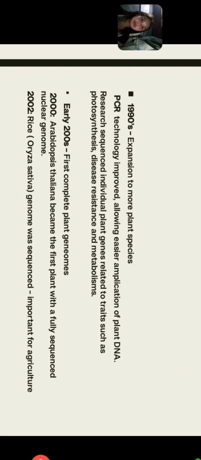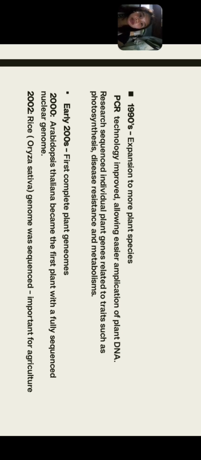1990s, expansion to more plant species. PCR technology improved, allowing easier application to plant DNA. Researchers sequenced individual plant genes related to traits such as photosynthesis, disease resistance, and metabolism. In the 1990s, more plant genes were sequenced thanks to better PCR.